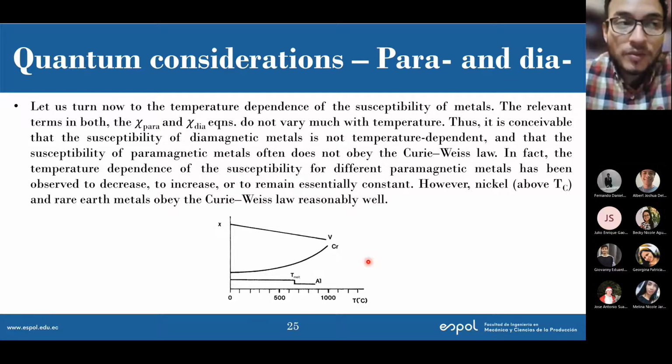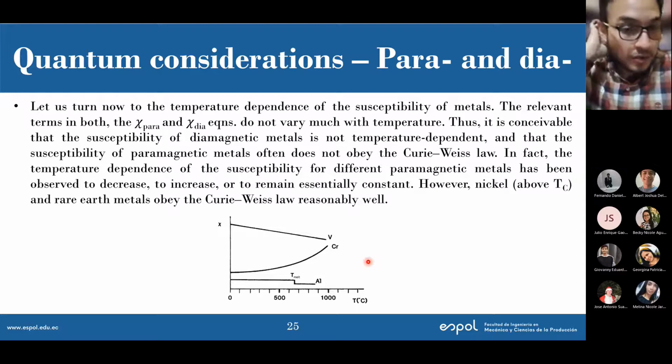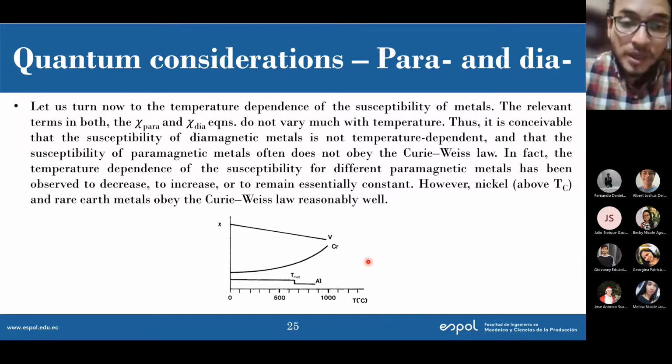Whereas the susceptibility of paramagnetic metals doesn't obey the Curie-Weiss law. Actually, you can see the graph: the temperature dependence of the susceptibility for different paramagnetic metals, sorry, it can either decrease, it can increase, or it can remain constant.